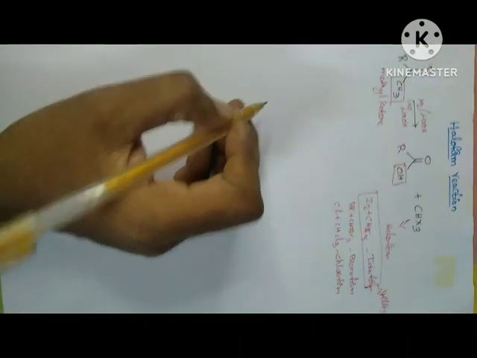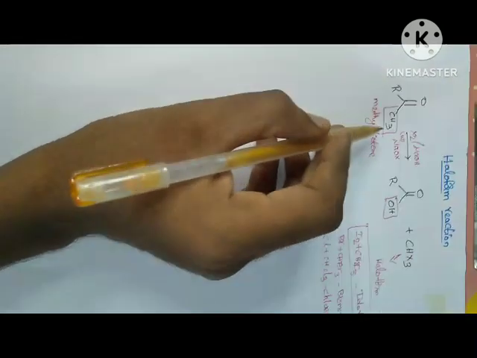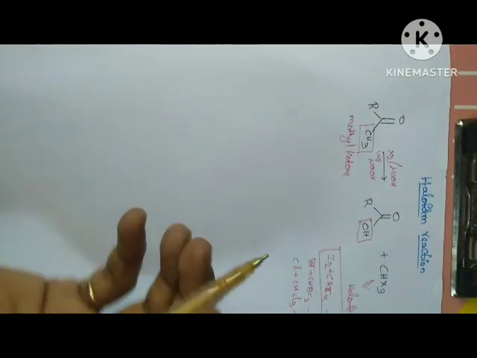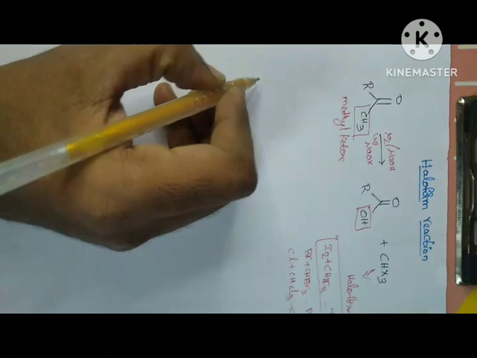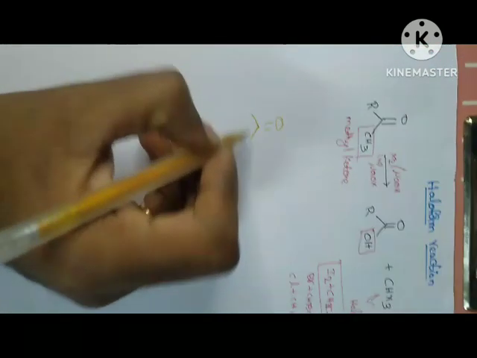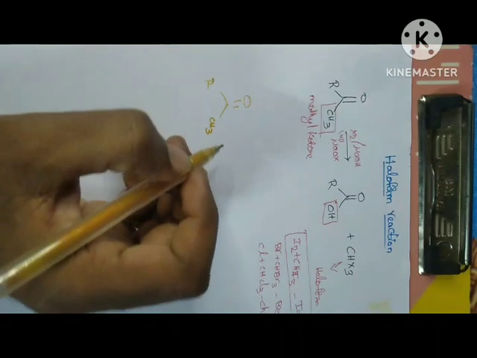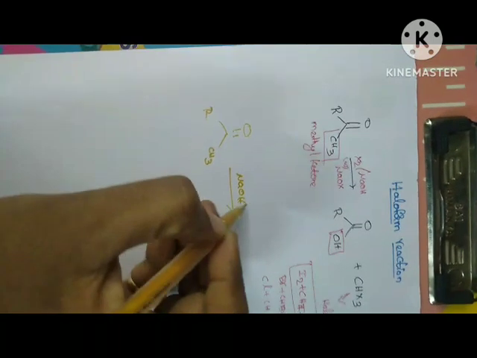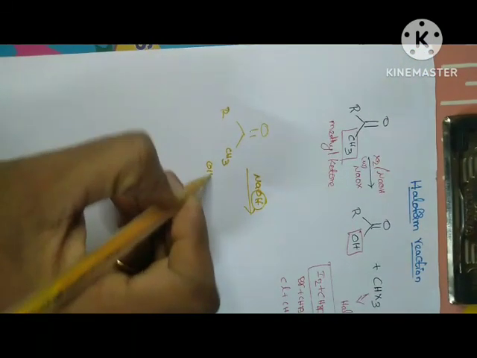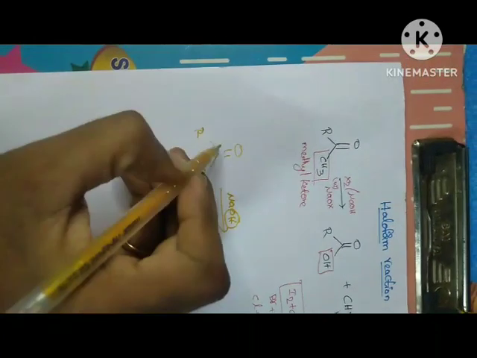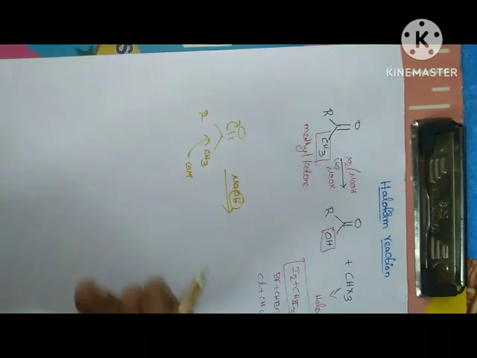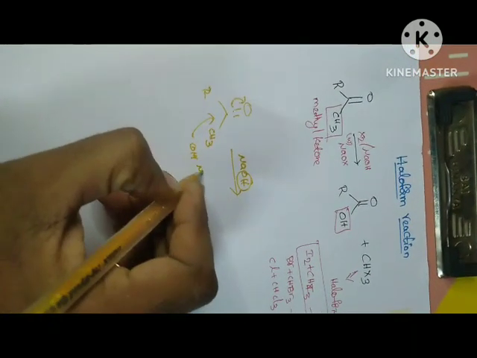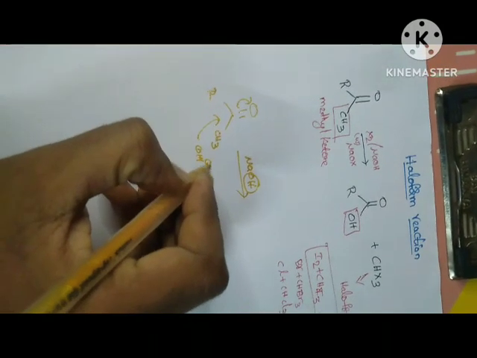So the methyl ketone is converted into hydroxyl group. How? The methyl ketone is polarized at the hydroxyl group. The hydroxyl group is a nucleophile, which means minus.